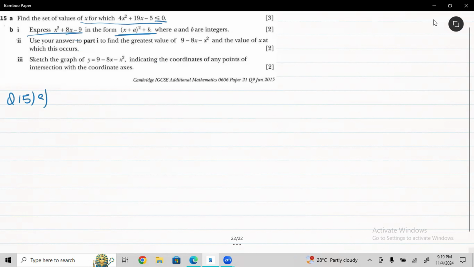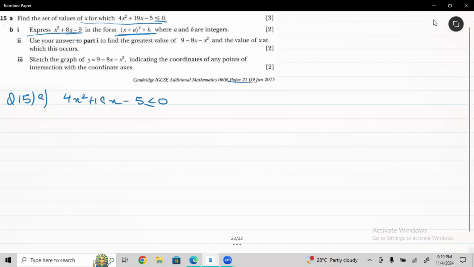And again, we have solved this type of question throughout this exercise, so it should be a piece of cake by now. The 4x squared plus 19x minus 5 is less than or equal to 0. It's a quadratic equation, and this question is part of paper 2-1, so you can use your calculator.